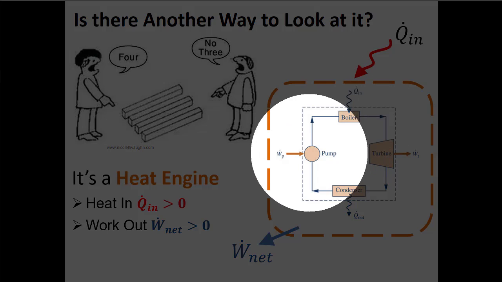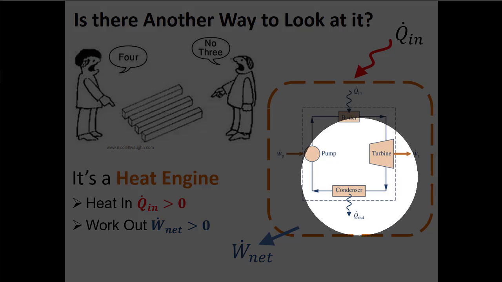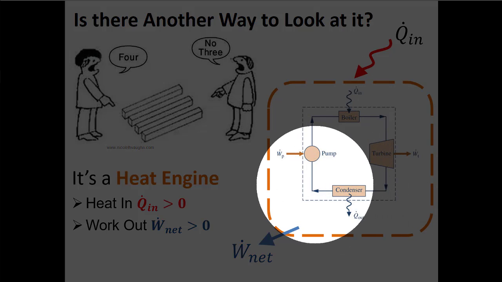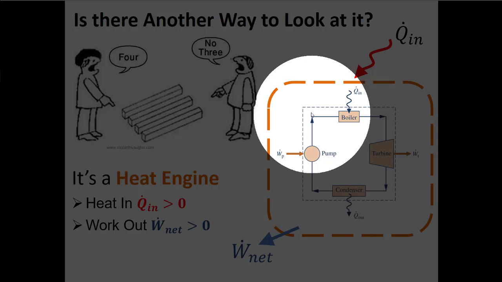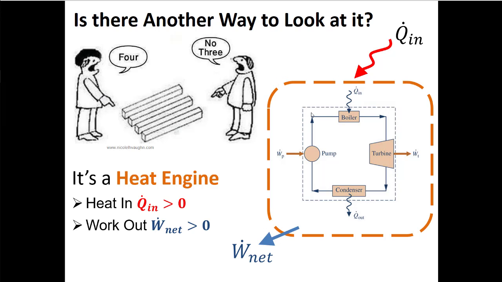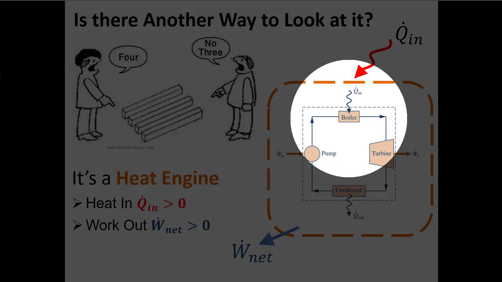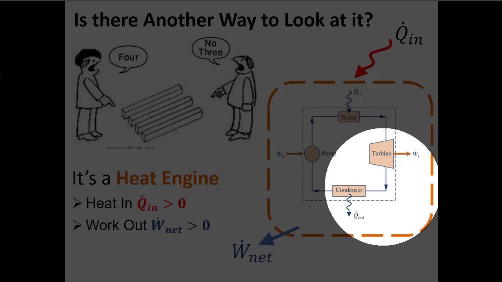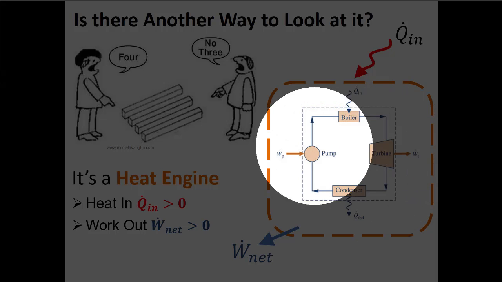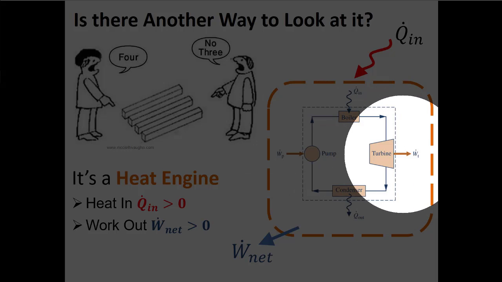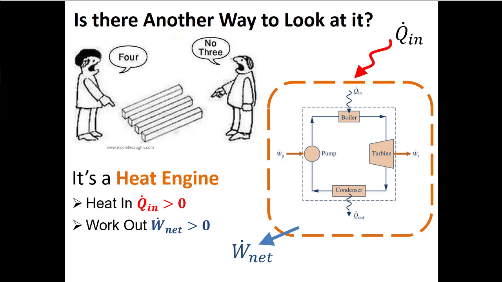But here, the reason that we condense the fluid is because it doesn't take much energy to increase the pressure of a liquid, but we get a lot of energy out from decreasing the pressure of the vapor. So the power produced by the turbine is going to be 100 times greater than the power that we put into the pump.